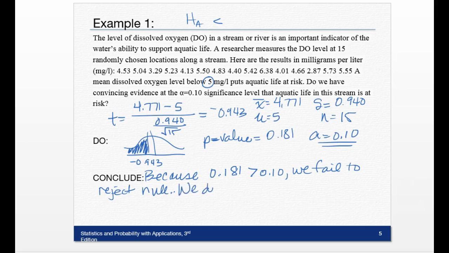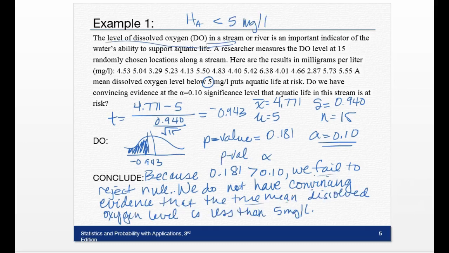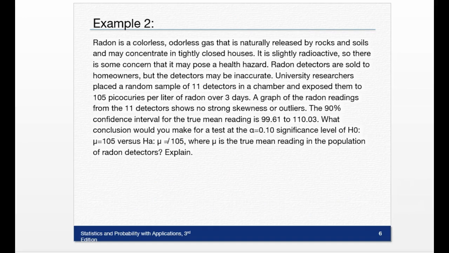So we do not have convincing evidence that the true mean dissolved oxygen level is less than 5 milligrams per liter. So make sure it has full context and reference the true mean of something.